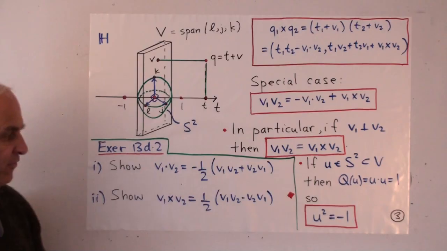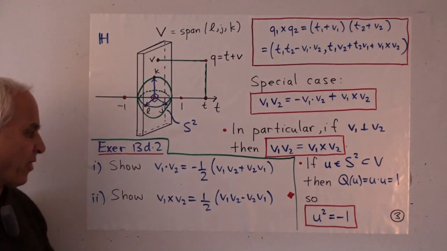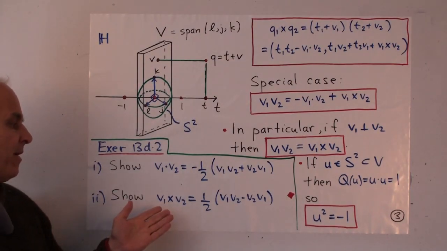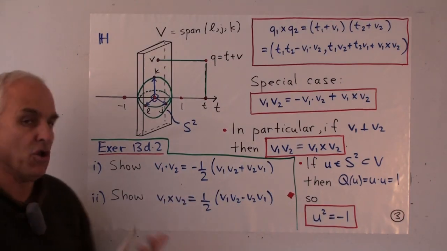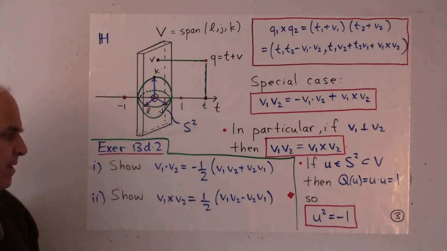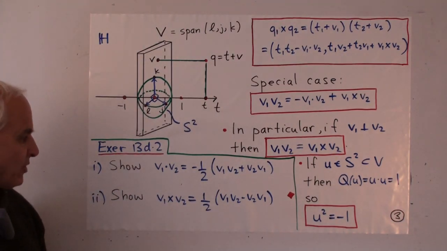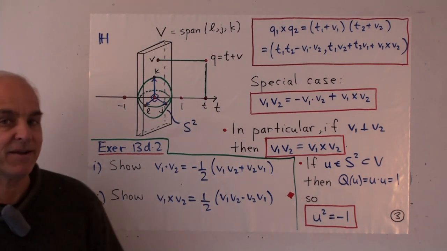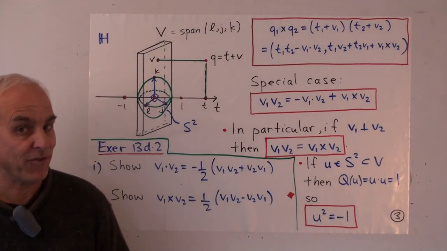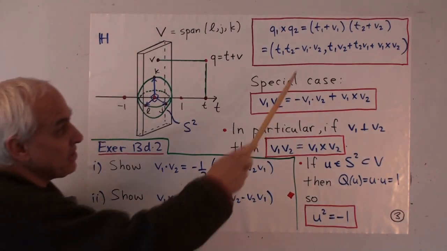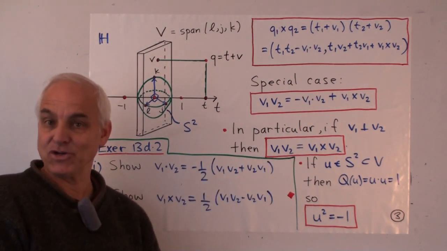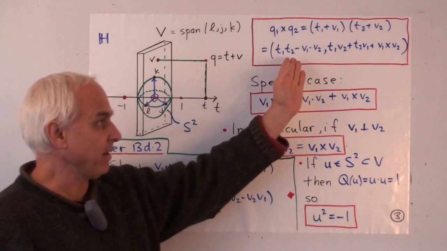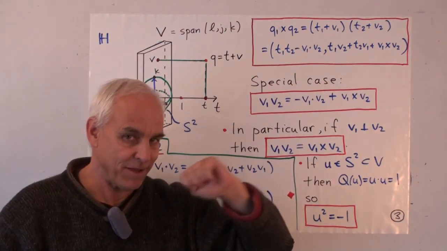So the quaternion advocates said, well, the dot product and the cross product are just special kinds of configurations that we can cook up with the quaternion structure. There's nothing really new about them. Which is at some level true, but it's also true that the dot product and the cross product have a sort of independent existence. We don't really need the quaternions to define them. In fact, we're using them here to define the structure of quaternions. That's the way Gibbs would have replied. He would have said, well, we're just building up quaternions from the dot product and the cross product.